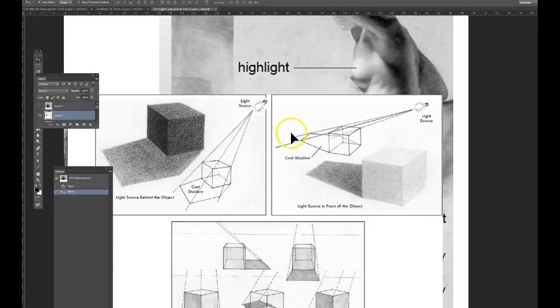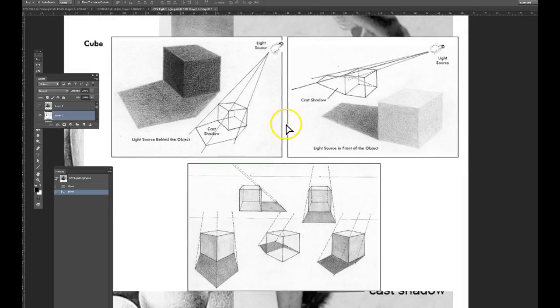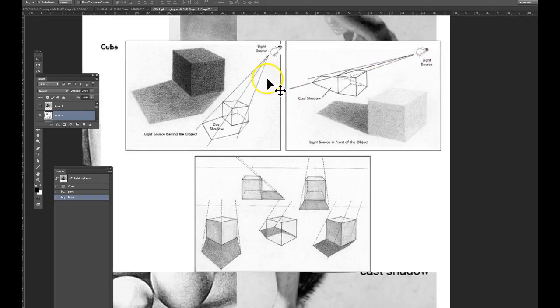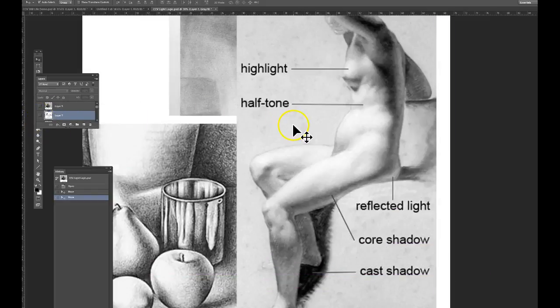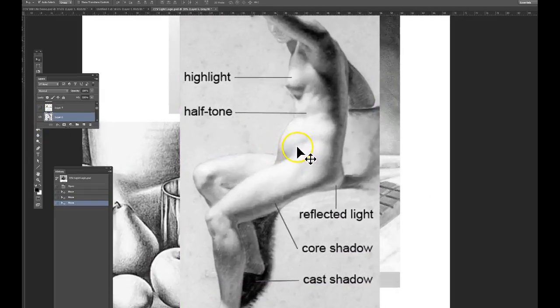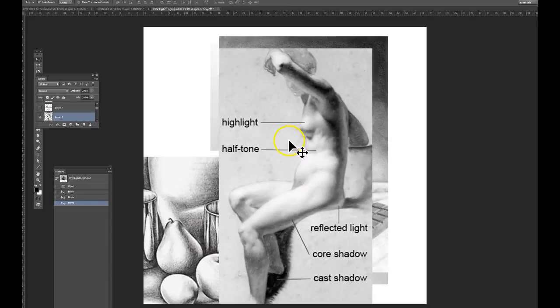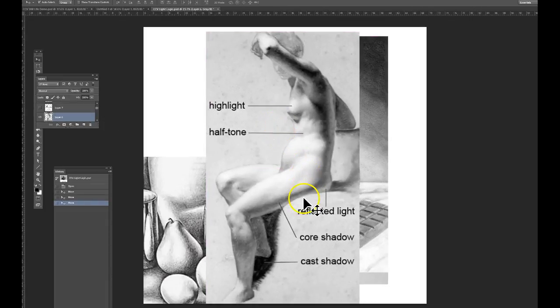This is another example of understanding where that light source is and what that shadow is going to look like. So the shadow is going to be dependent on where the light source is, whether it's placed in front, above, or on the side. I'm having you place your shadow to the right or to the left of your still life. This is another example, a figure, but it's the same idea.